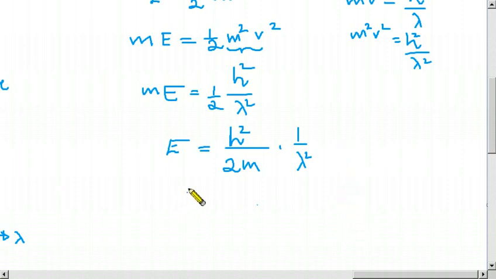This one is something like y equals m times 1 over x squared.